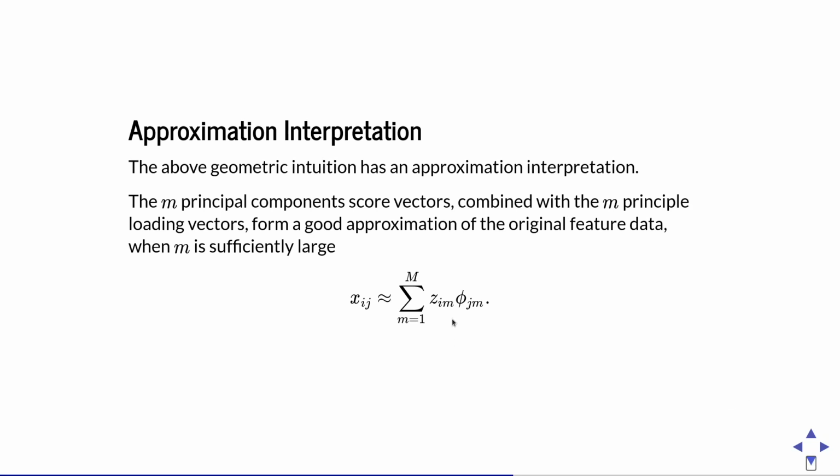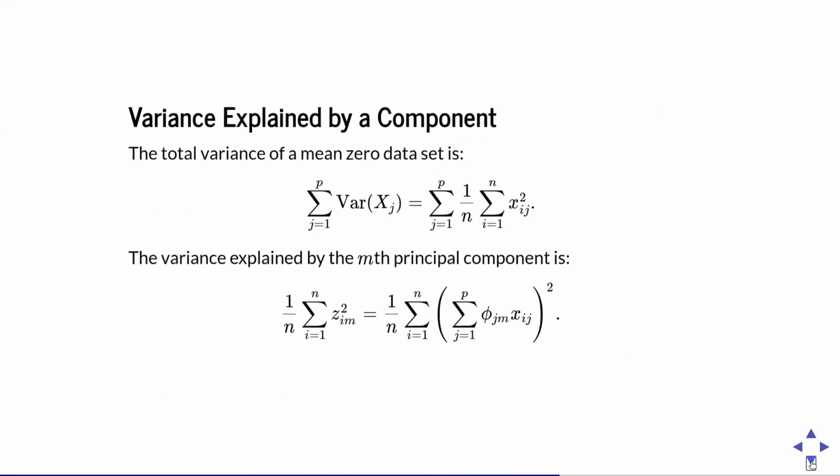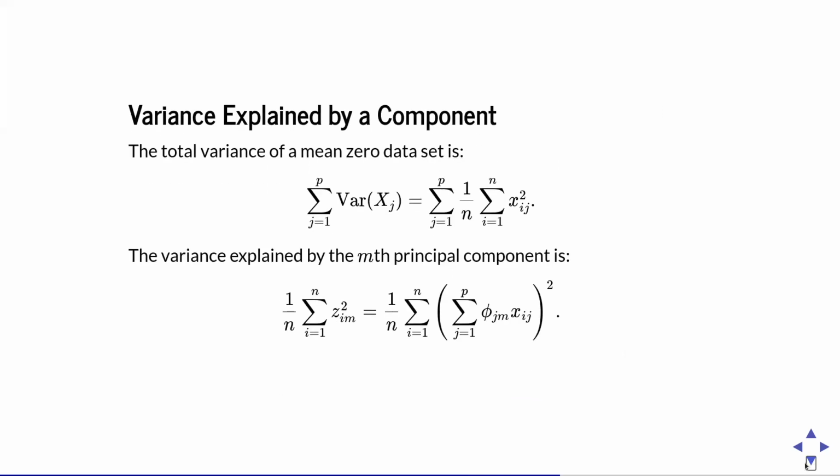So if you take the linear combinations of the scores, you get back approximately the feature observations, assuming that the M components that you have capture a lot of the variance, the explained variance, which is what we're going to talk about next.